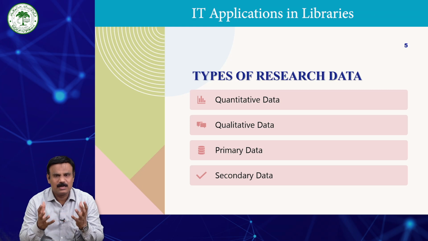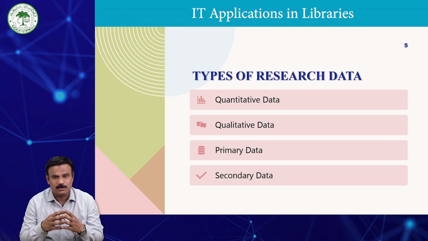It is usually collected through methods like interviews, focus groups, observations, or open-ended questionnaires. Qualitative data provides insights into people's thoughts, their feelings, motivations, and behaviors. So it helps in understanding complex concepts, opinions, or experiences.